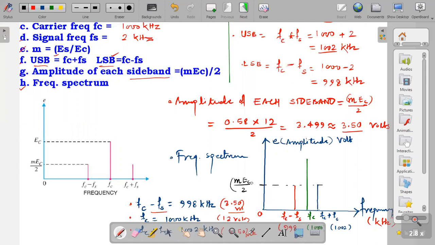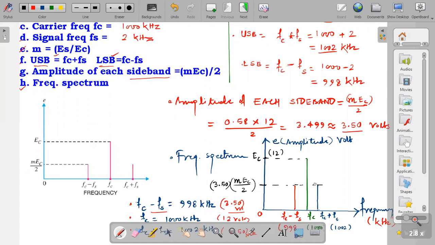What is the value of m Ec by 2? Can I write here 3.5? Yes, sir. This is your 3.5. And the carrier amplitude is Ec, about 12 volts. Is it correct? Yes, sir. This is your final frequency spectra for the amplitude modulated wave.